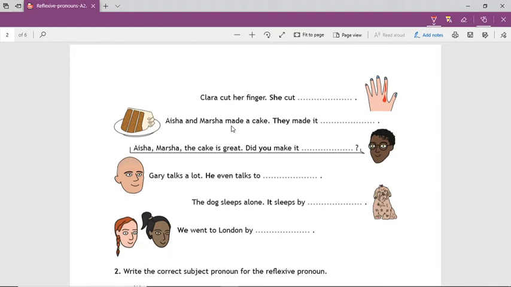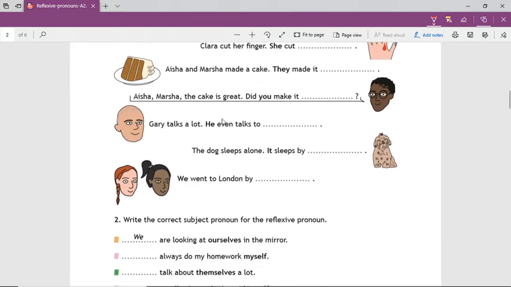Aisha and Marcia made a cake. They made it. It's they, thinking about which reflexive pronoun we want to use here. Aisha, Marsha, the cake is great. Did you make it? Reflexive pronoun. Did you? So it's you. It's plural you in this case though. Gary talks a lot.